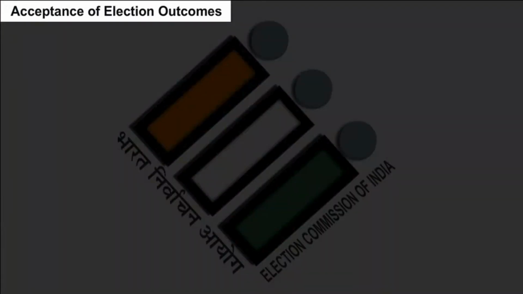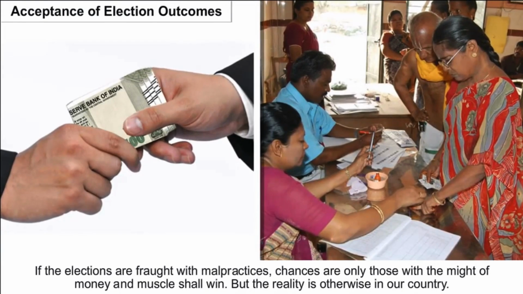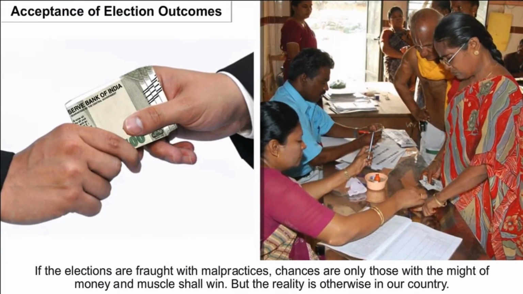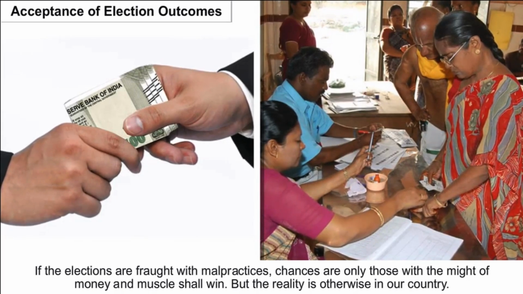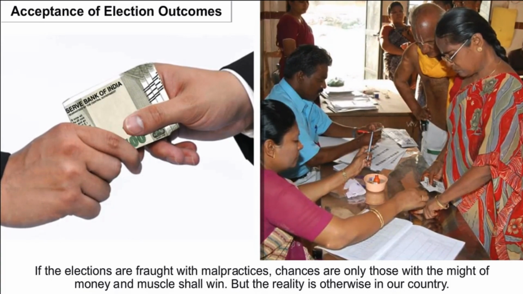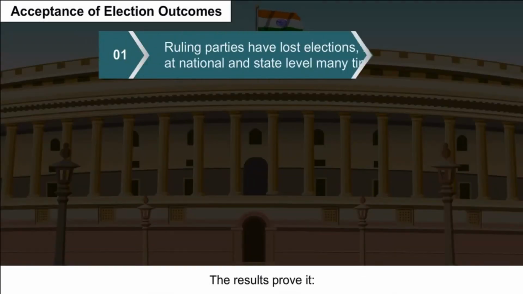Acceptance of election outcomes. If the elections are fraught with malpractices, chances are only those with the might of money and muscle shall win. But the reality is otherwise in our country. The results prove it. 1. Ruling parties have lost elections both at national and state level many times. 2.